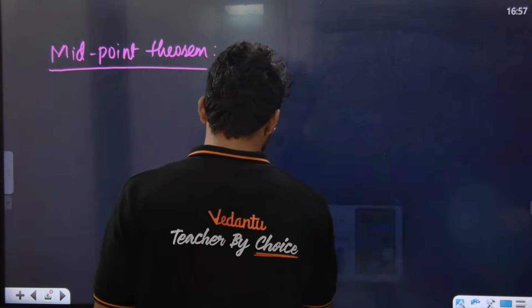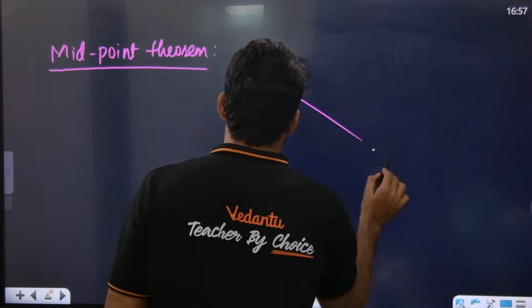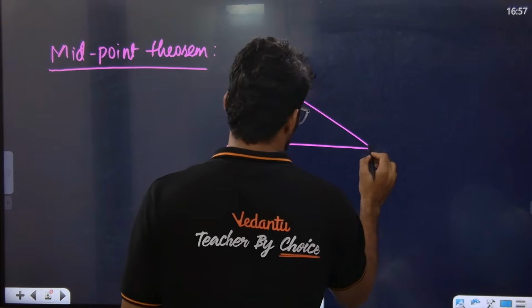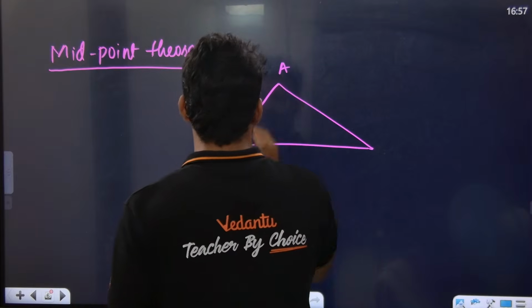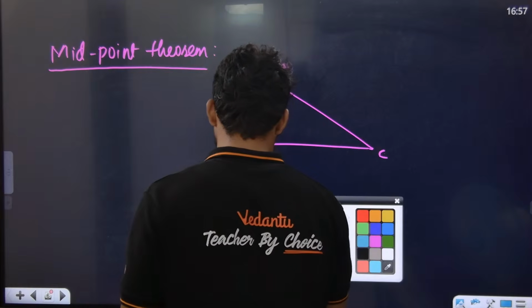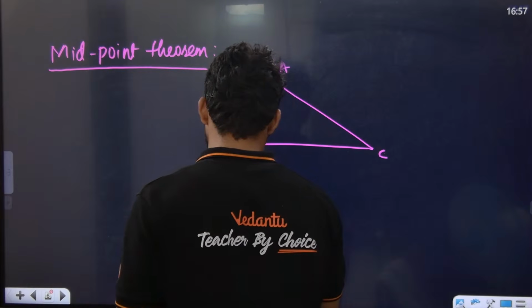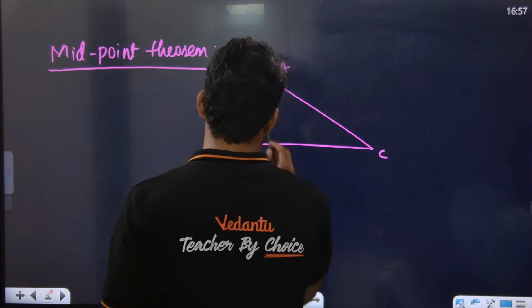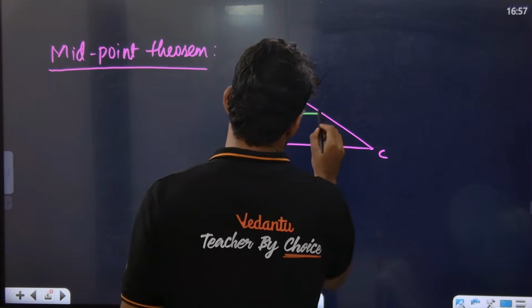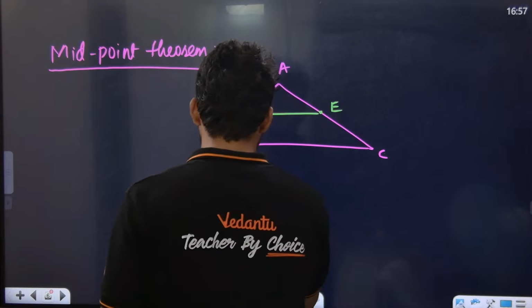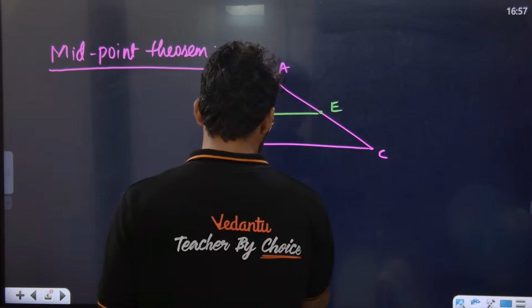If I am talking about a triangle, let's say this is one triangle, with vertices A, B, C. Now, for example, if I'm talking about the midpoints of two sides, let's say D and E, here DE will definitely be parallel to BC.